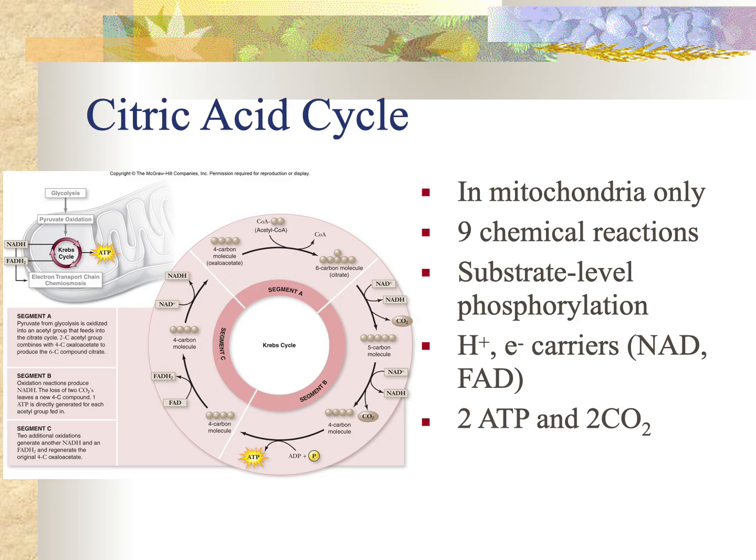Here, another 9 chemical reactions occur that require 9 enzymes. The citric acid cycle takes hydrogen ions and electrons that were on the pyruvate, and it attaches them to energy carriers that are then going to be used in the next step. And this makes a little bit of ATP. We don't have to know these intermediates or all the enzymes, but they are known, and we know they occur in the mitochondria.